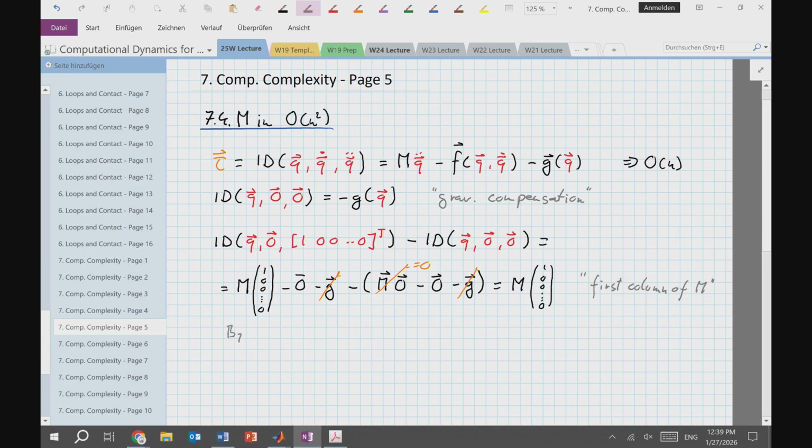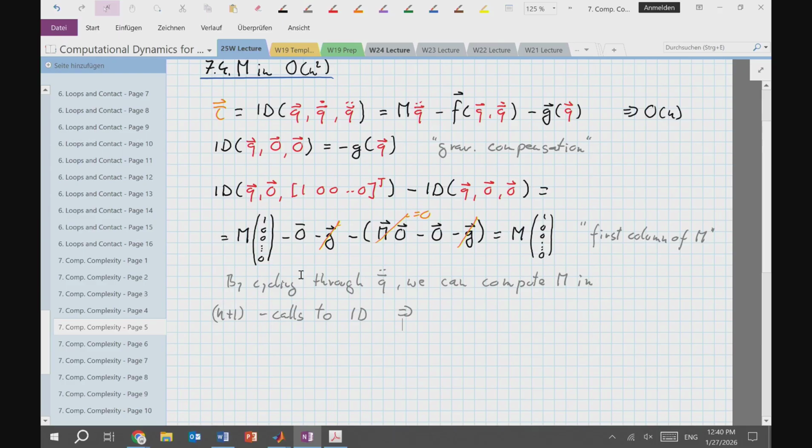So by cycling through q double dot, we can get the mass matrix in n, actually, I should say 2n calls to this function ID.